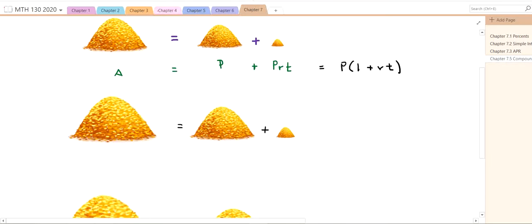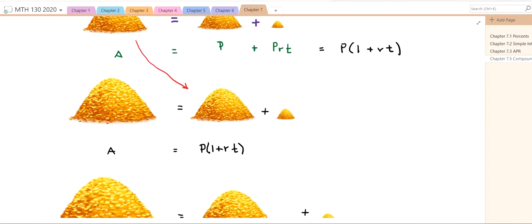So if that's your amount, keep in mind this amount is brought down the next time we do our interest to here. That means that this pile now is P times 1 plus RT. And to calculate the interest on this new pile, you will need to take this value as your new principal.